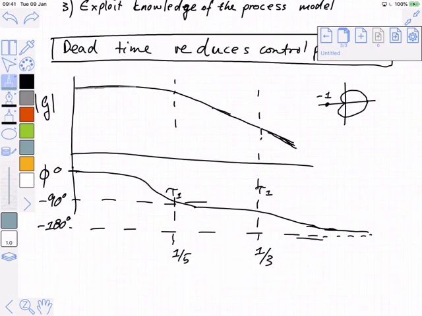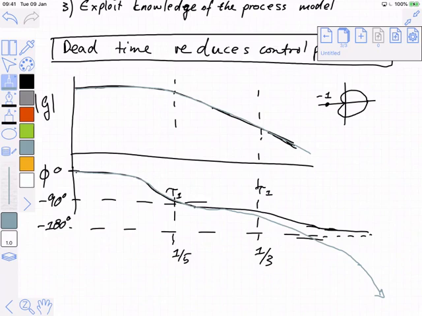So for the dead time version, the gain part is unchanged, but it has this infinite effect on the phase part. It starts at very small phase, and then adding some dead time will have that pull away. And if you zoom out far enough with dead time, you'll see this just keeps going down.